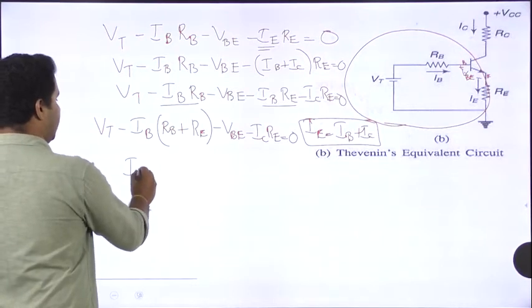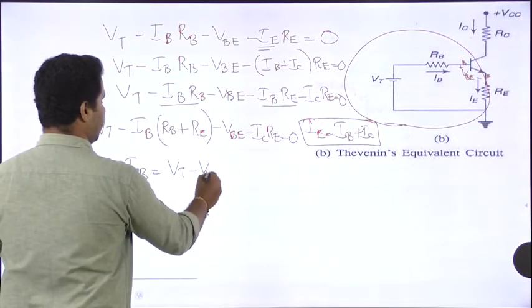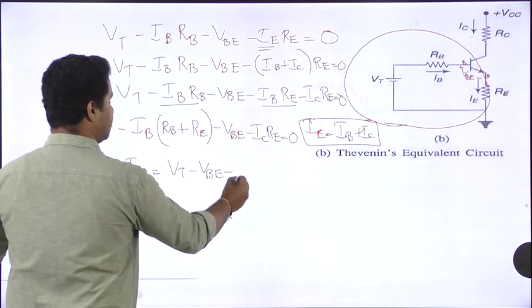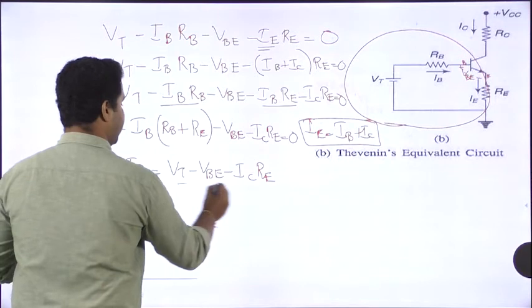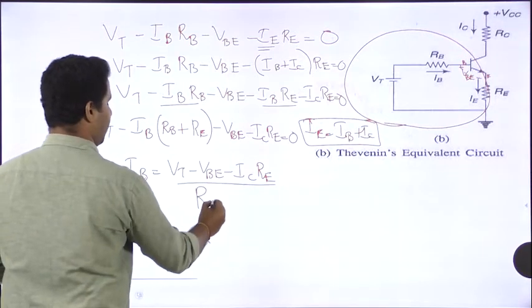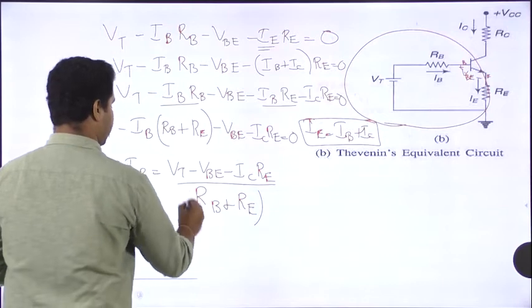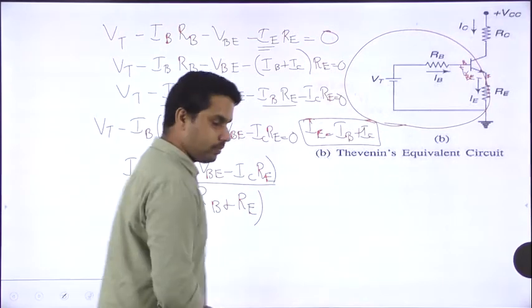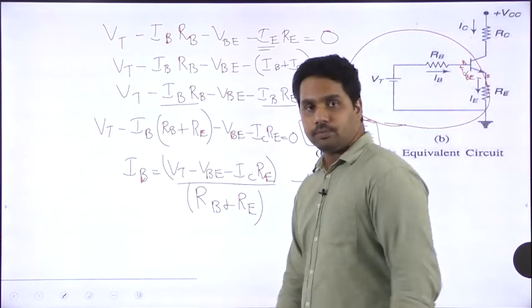So IB is equal to VT minus VBE minus IC RE divided by RB plus RE. Okay, and make it equation number 1.